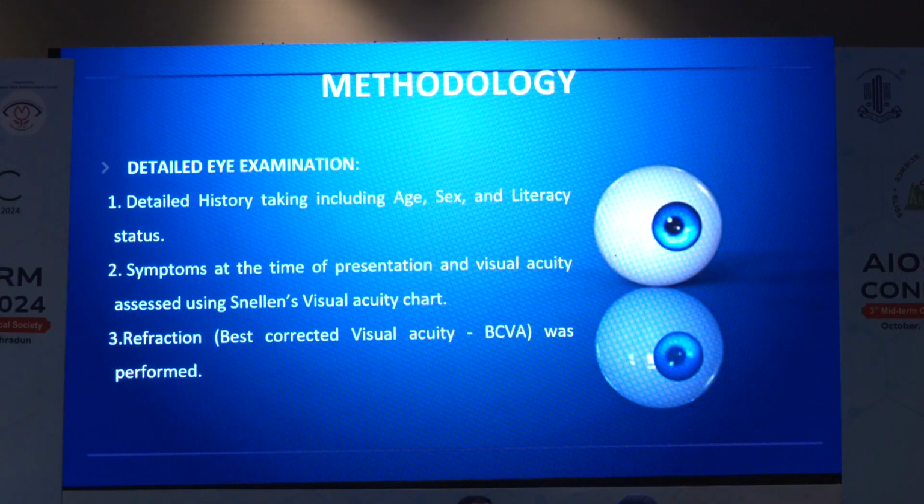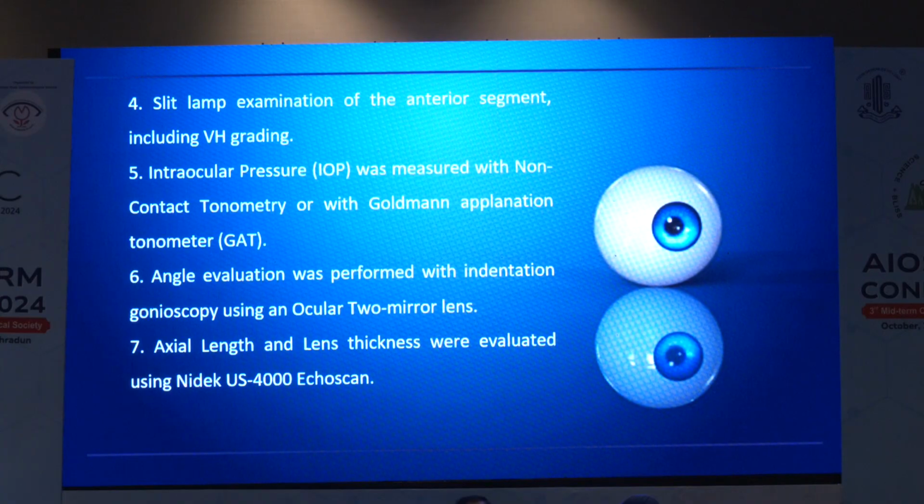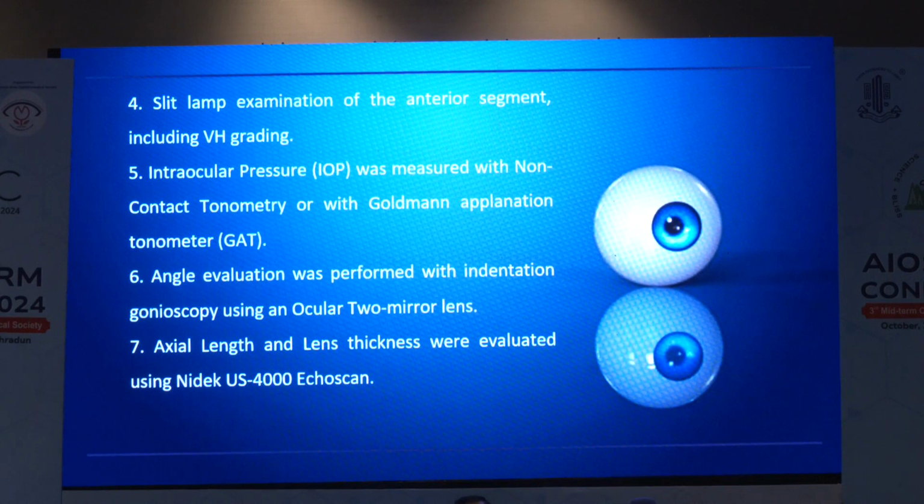So a detailed eye examination was done, with detailed history taking including age, sex and literacy status, and symptoms at the time of presentation. Visual acuity was assessed using Snellen's visual acuity chart. Refraction and BCVA were performed. Slit lamp examination of the anterior segment and VH grading was done. Intraocular pressure was measured with both NCT and Goldmann applanation tonometry. Angle evaluation was performed with indentation gonioscopy using a two-mirror lens.